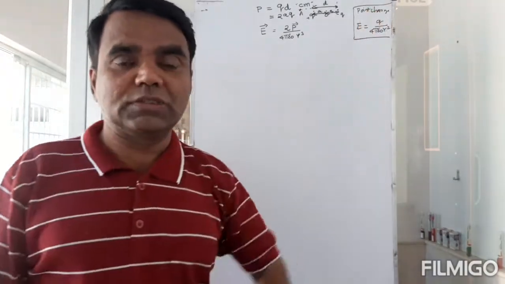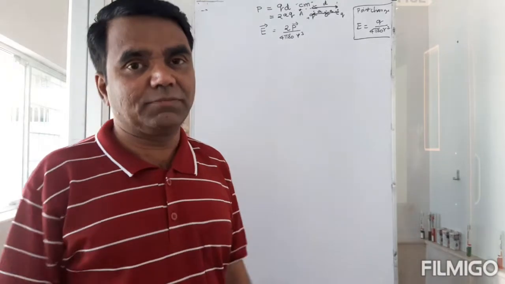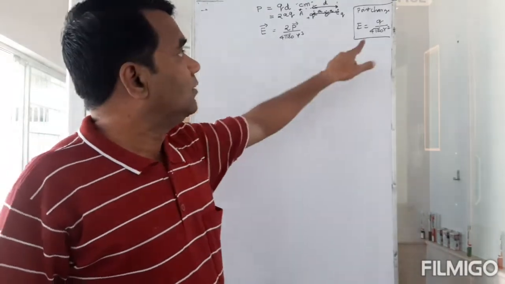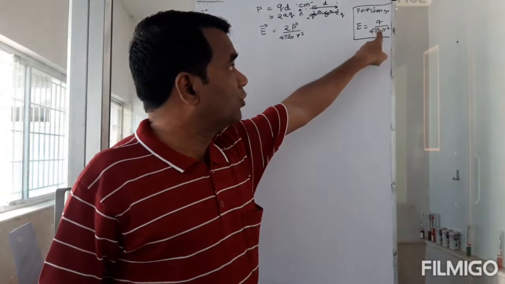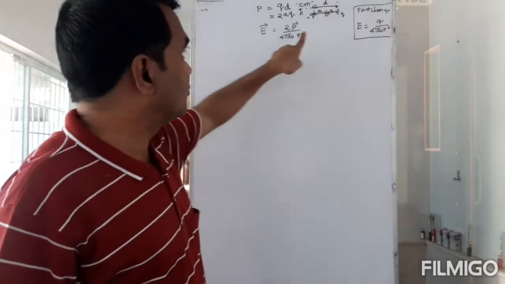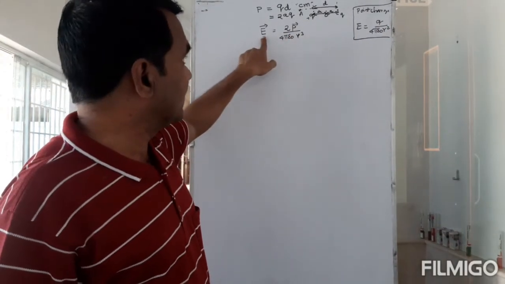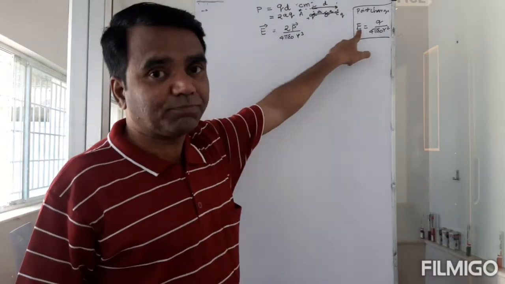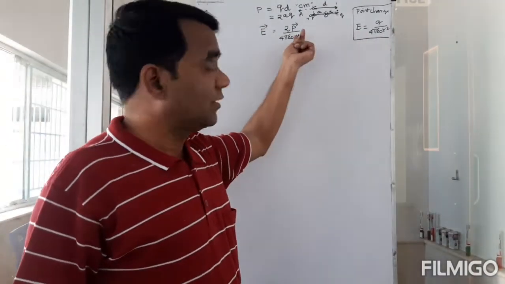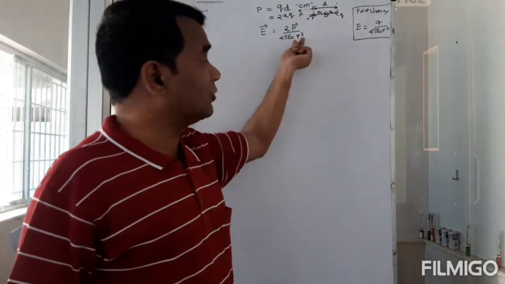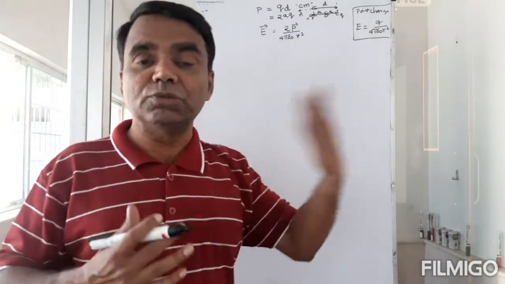I hope you follow the discussion. You have q by 4 pi epsilon naught r square here, but here you have p by 4 pi epsilon naught r cube. But we say this is an electric field and this is also an electric field. So you have r squared here and r cubed here. Does it mean that the unit has changed?